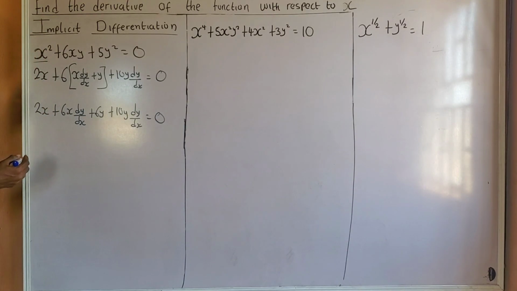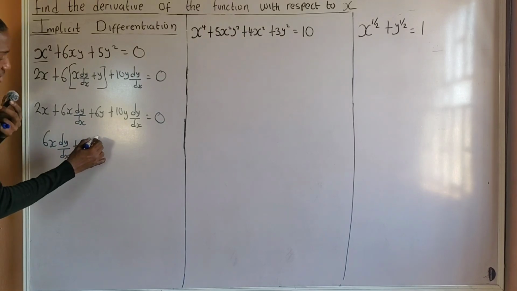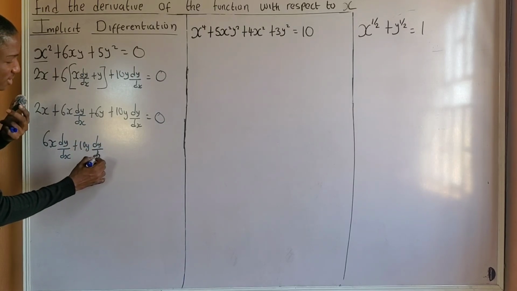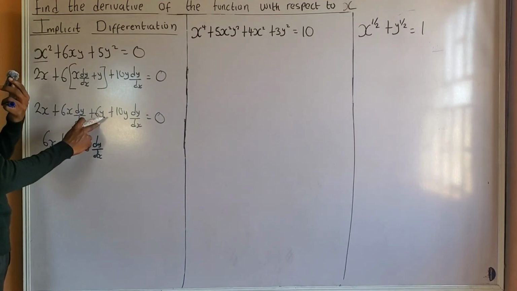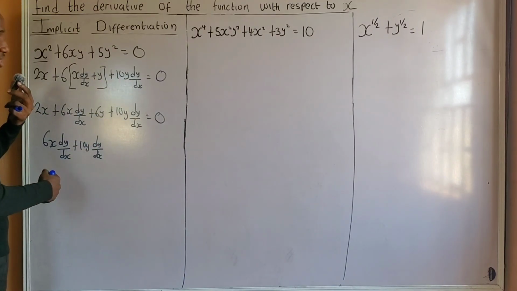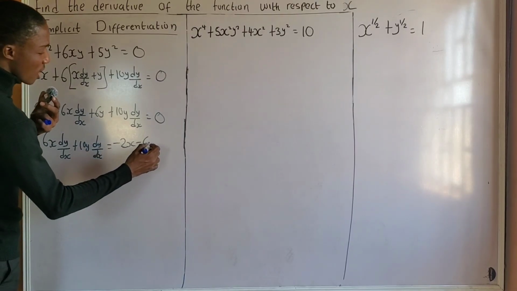Now, the next step is that you have to separate the terms that are attached to dy dx. So I'm going to have 6x dy all over dx plus 10y dy all over dx. Okay, this 2x and this plus 6y, take it to the right hand side of this equation. I'm going to have negative 2x negative 6y.